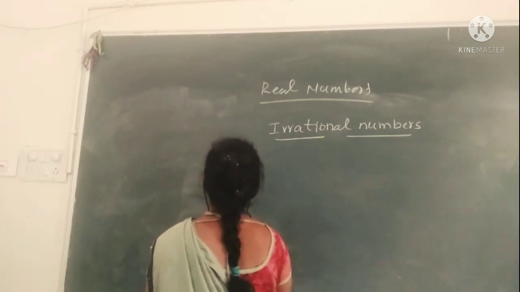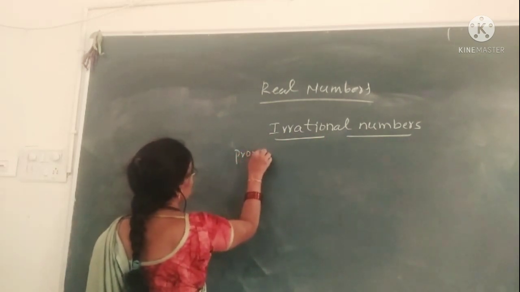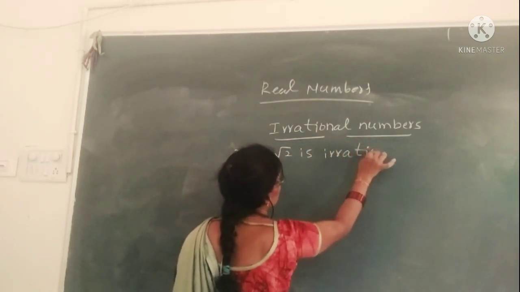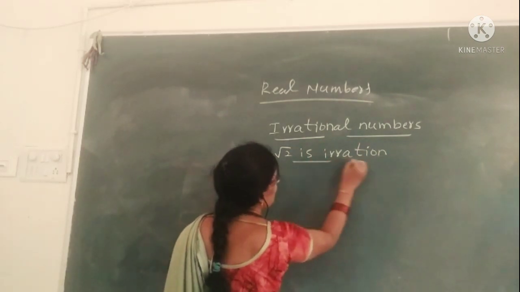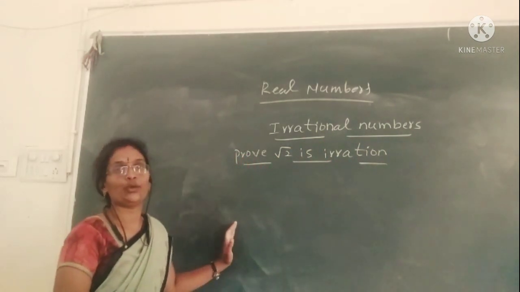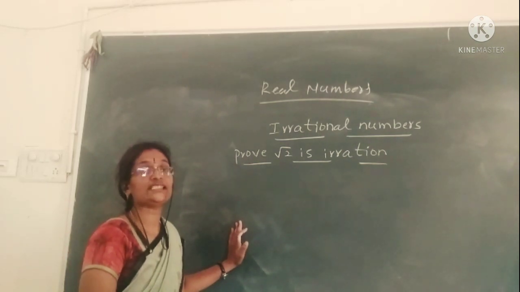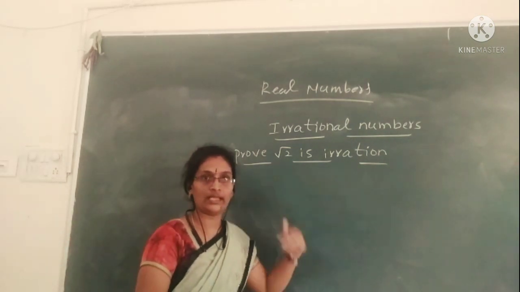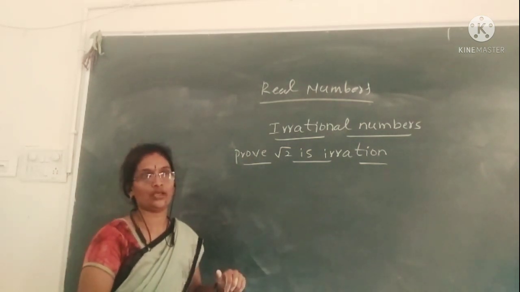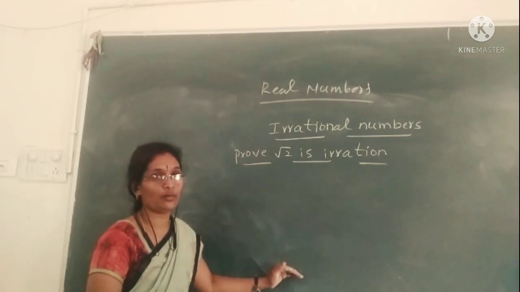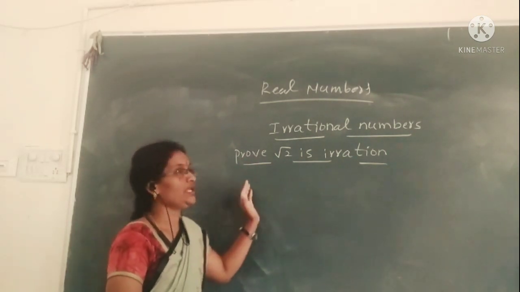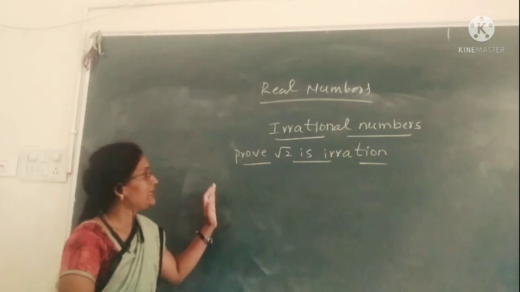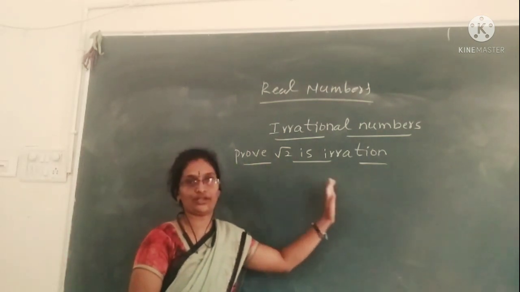We assume that root 2 is rational. This is the contrary: to prove a number is irrational, we assume it is rational, solve the problem, and then conclude that it is irrational. So first of all, let us assume root 2 is a rational number.